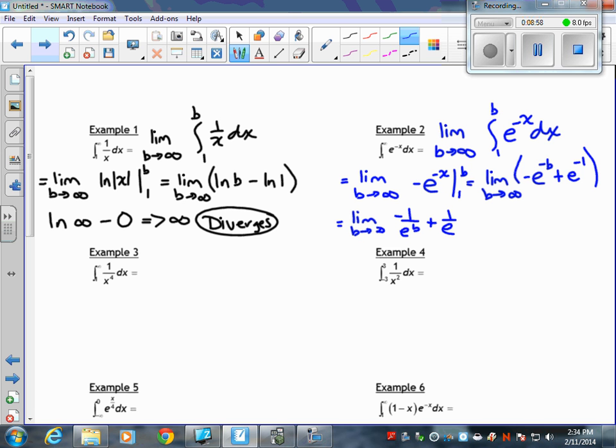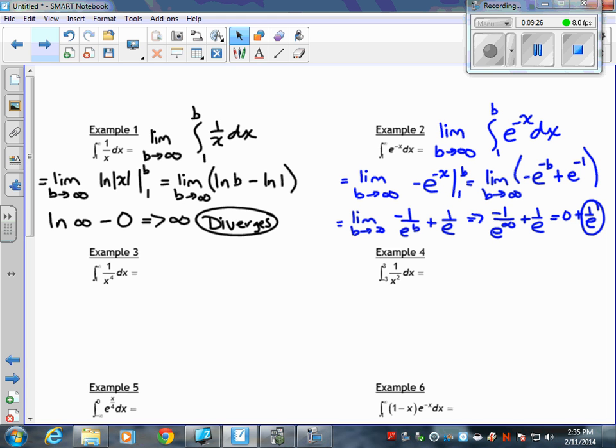So let's talk about what's happening here. For this infinity, I have a negative 1 over e to the infinity plus 1 over e. And e to the infinity is approaching infinity, so I have a negative 1 over infinity, which means I really have that first term is a 0. So I really have 0 plus 1 over e, which means this definite integral is 1 over e.